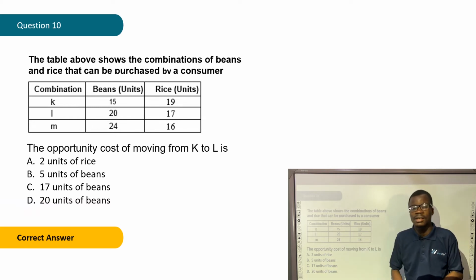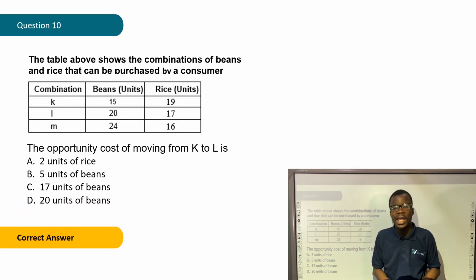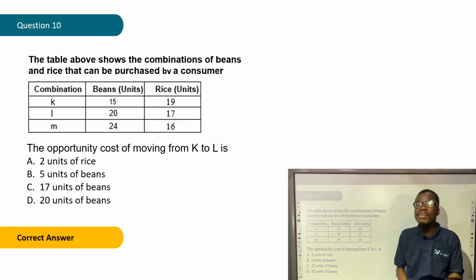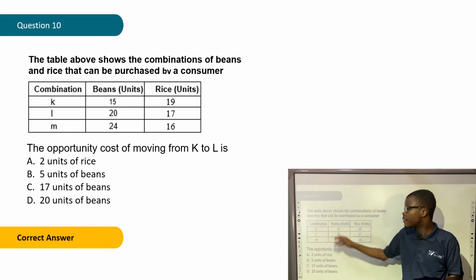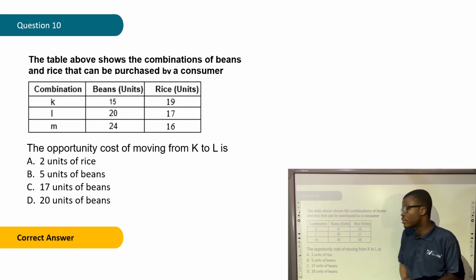It says, if this consumer chooses combination K, it will be able to purchase 15 units of beans and 19 units of rice.